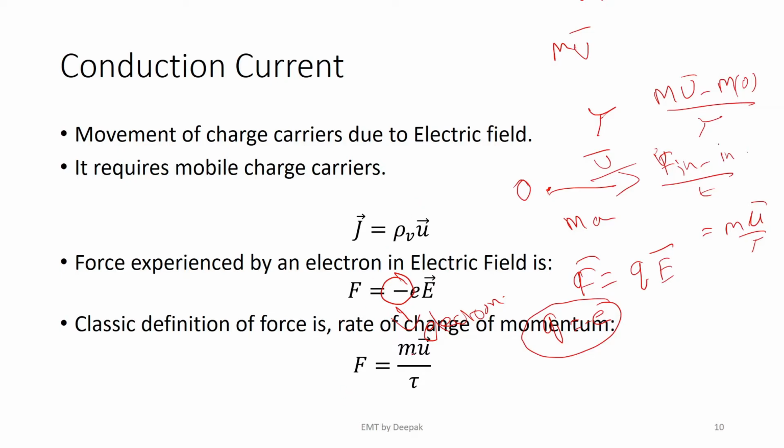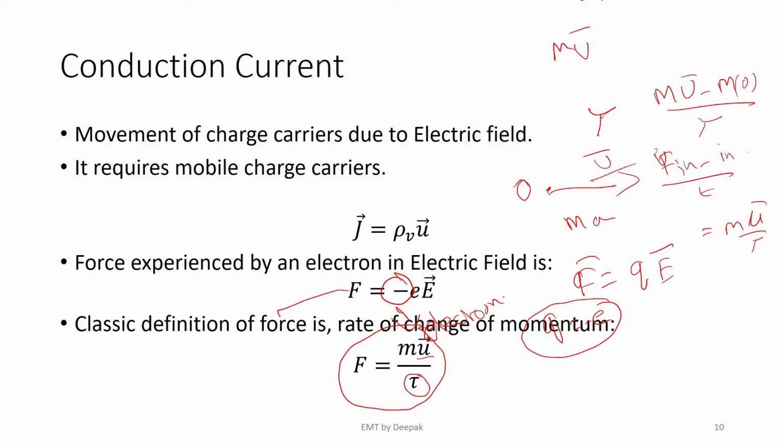So this is the force experienced by any body which starts initially at rest and is now moving with a velocity of u bar after the observing time of tau.